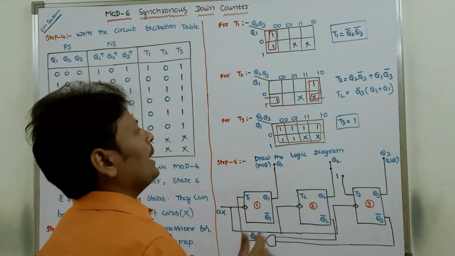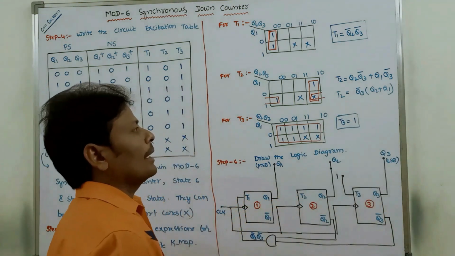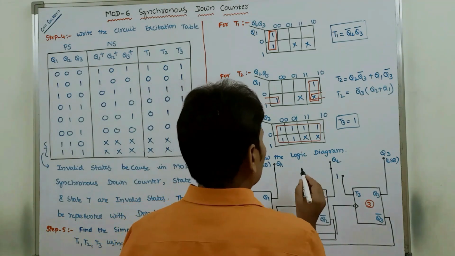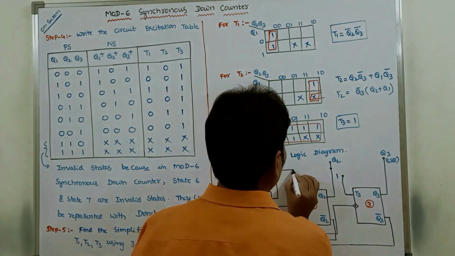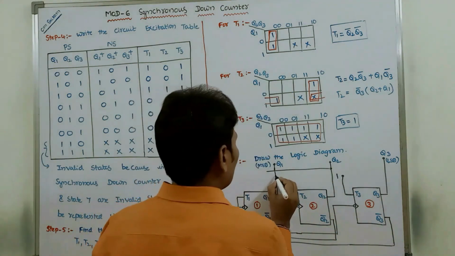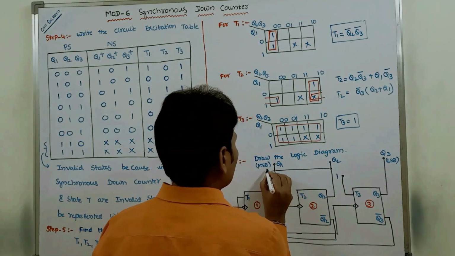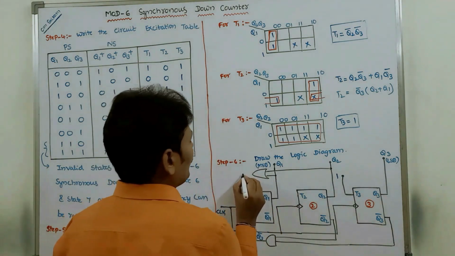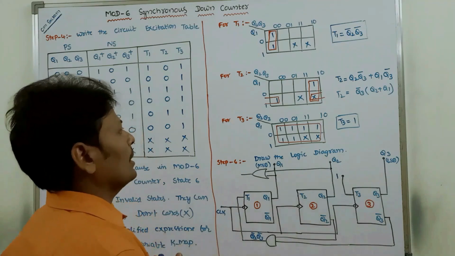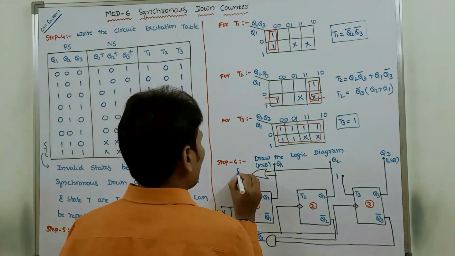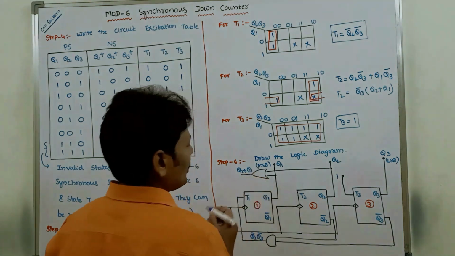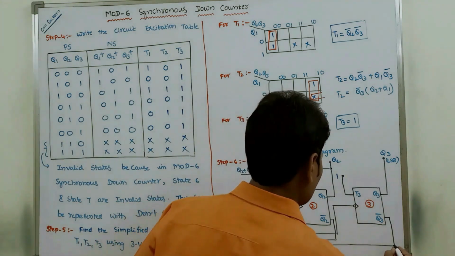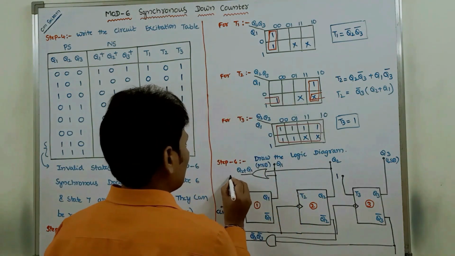Next one, T2 is equal to Q3 bar into Q2 plus Q1. Here for Q2 plus Q1, this is Q2 and this is Q1. These can be passed to a 2 input OR gate. So we are getting Q2 plus Q1. That can be multiplied with Q3 bar. So already Q3 bar is there, so I am taking another one.